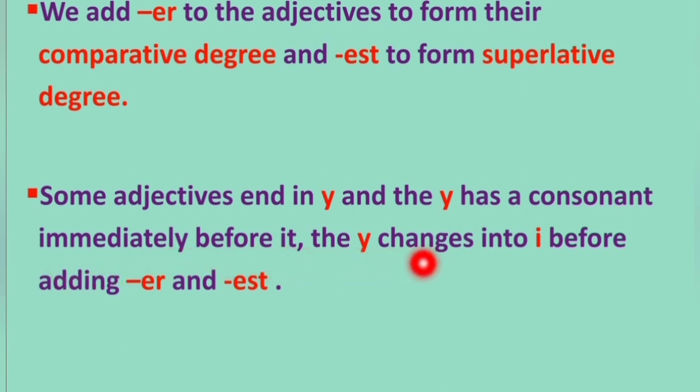Then the Y changes into I before adding ER and EST. It means when the last letter of the word is Y and it has a consonant immediately before it, then the Y changes into I.